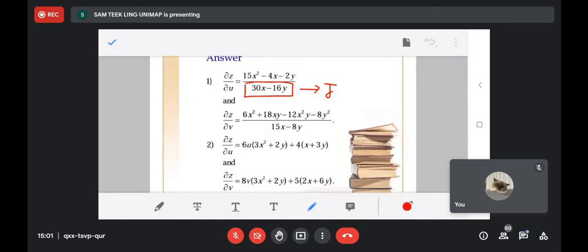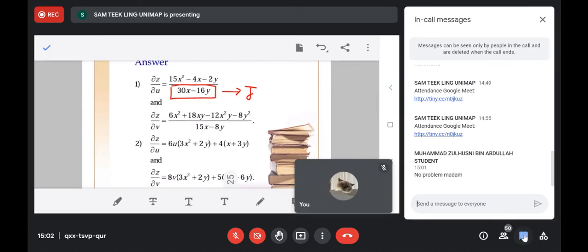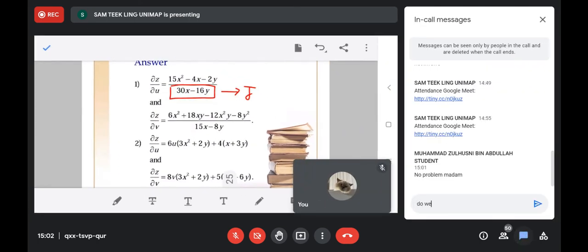This one is an inverse function. This one is an inverse function. So got any question?